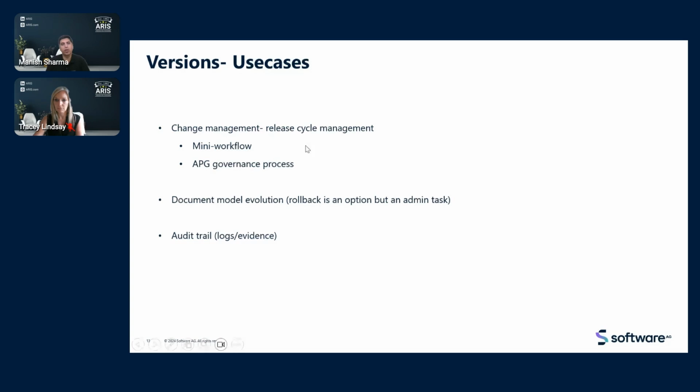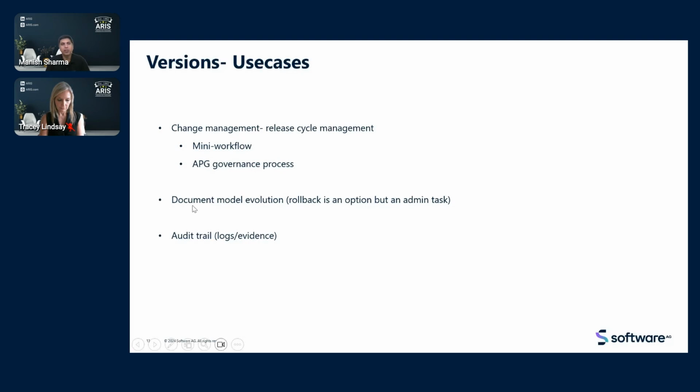So if you have submitted a model for approval via a Connect Mini workflow, or if you have created your own governance release cycle management process, then all of them would be creating versions of the model to have that traceability of how that model looked like before the approval was carried out.